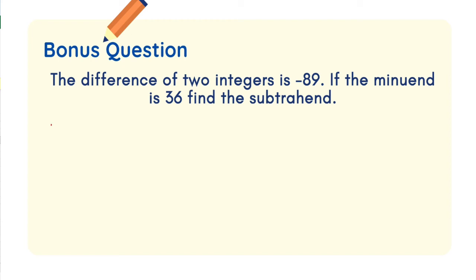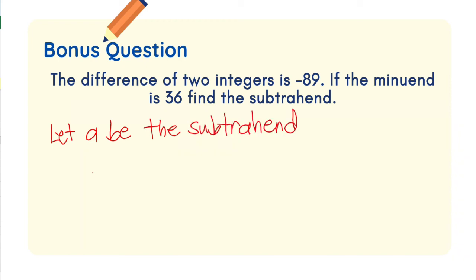Kaya naman, we may let A be the subtrahend. So dahil given yung ating minuend at yung ating difference, so pwede na tayong gumawa ng number sentence. So we have 36 minus A is equal to negative 89. Pwede natin ngayong i-isolate yung A. Para ma-isolate natin yung A, magdadagdag tayo ng positive A sa magkabilang side ng equation.